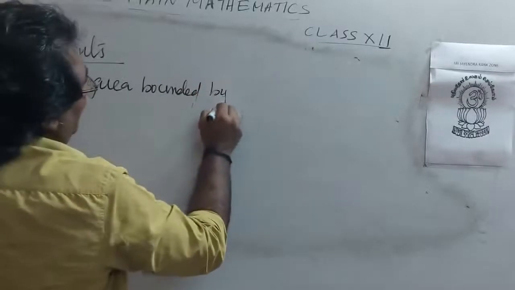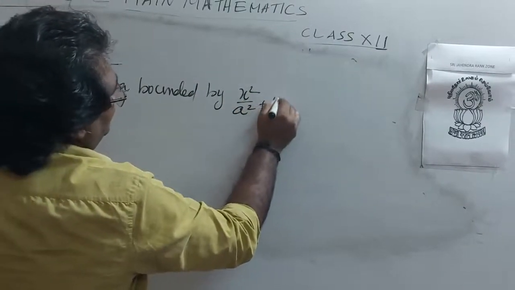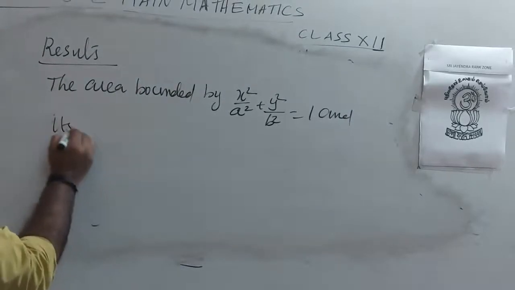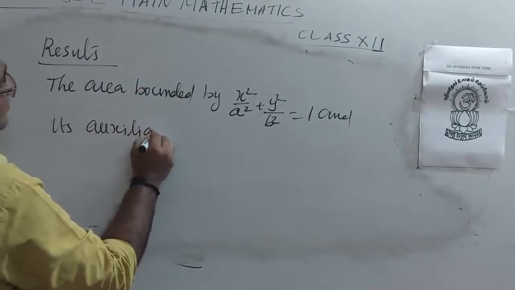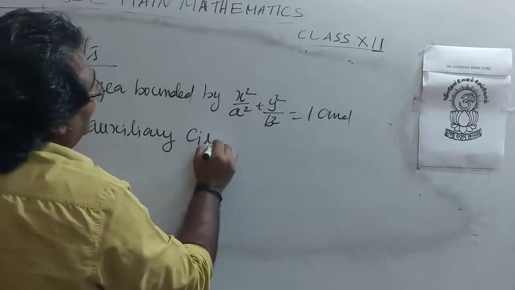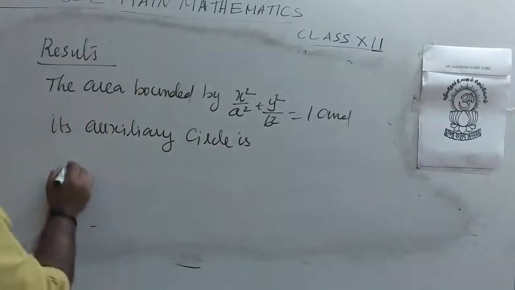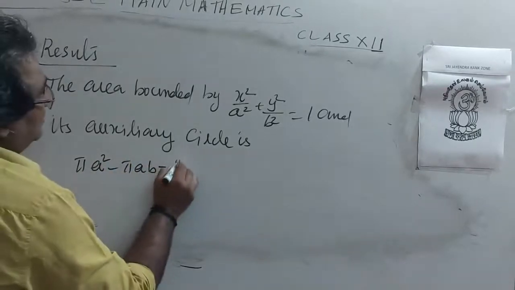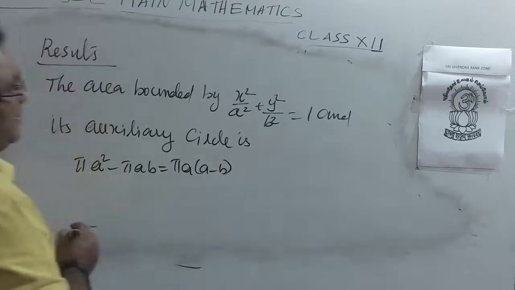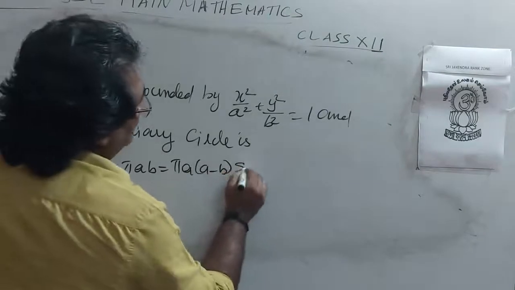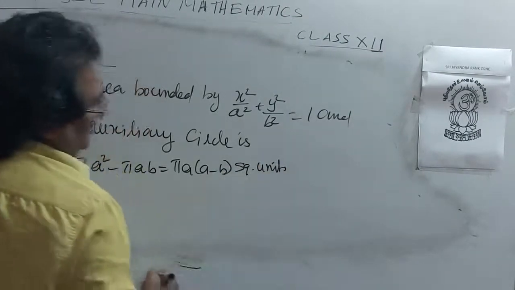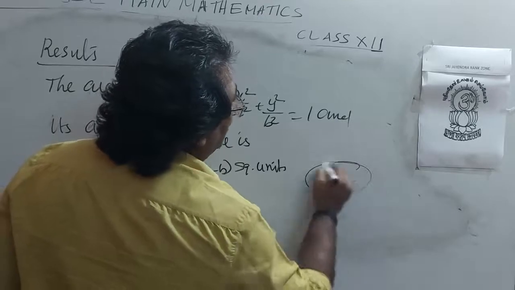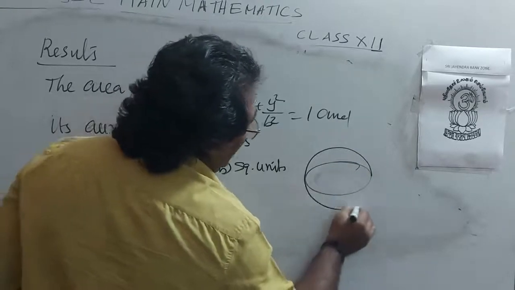The area bounded by x squared by a squared plus y squared by b squared equal to 1 and its auxiliary circle is pi a squared minus pi a b, equal to pi a into a minus b square units.